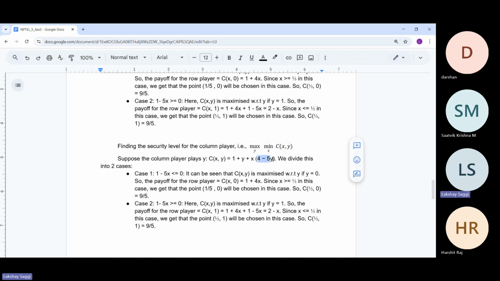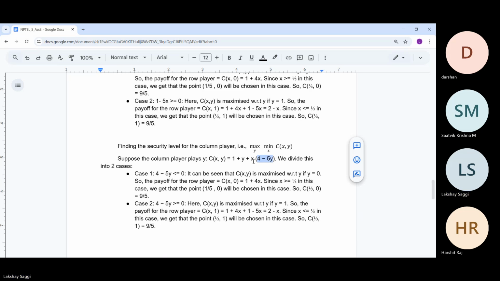So again, we'll have two cases. One case is when 4 minus 5y is less than or equal to 0, and the second case is when 4 minus 5y is greater than or equal to 0. Because in one case this term will be negative and in the other it will be positive, x can change.